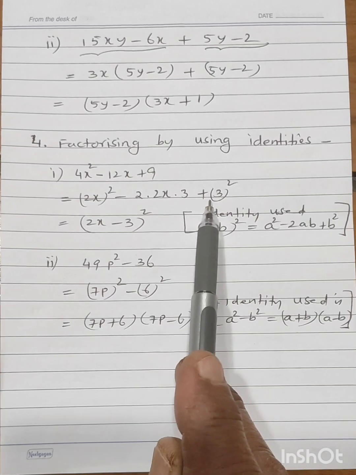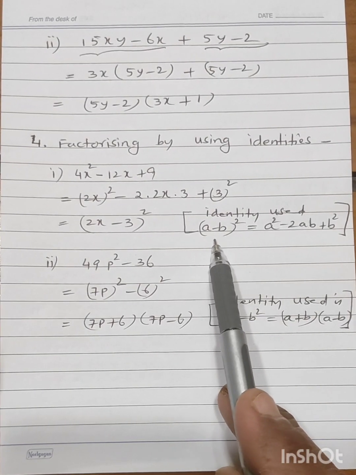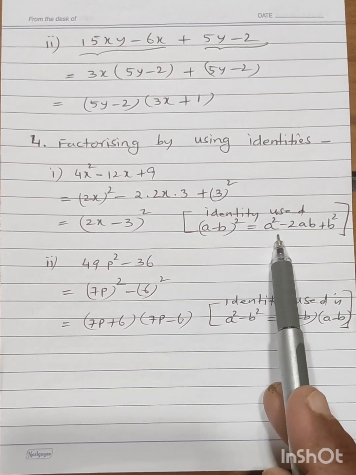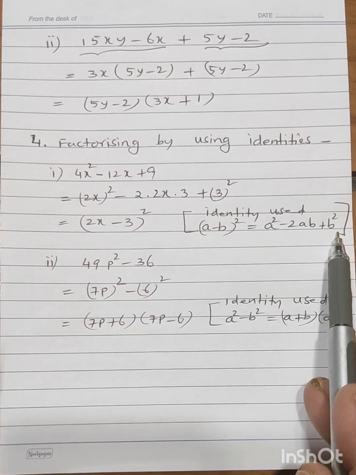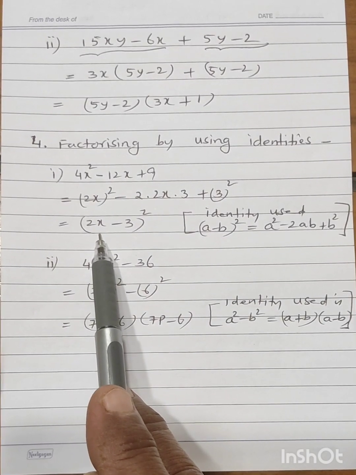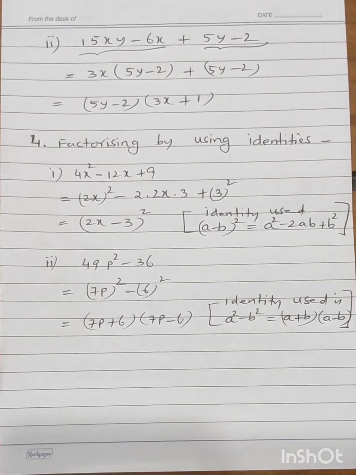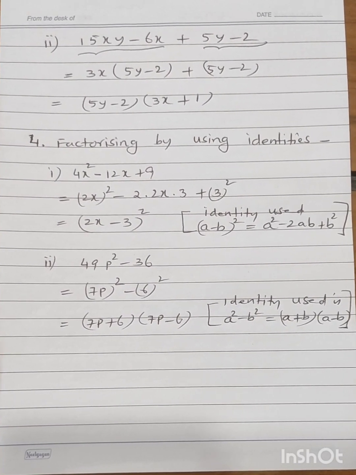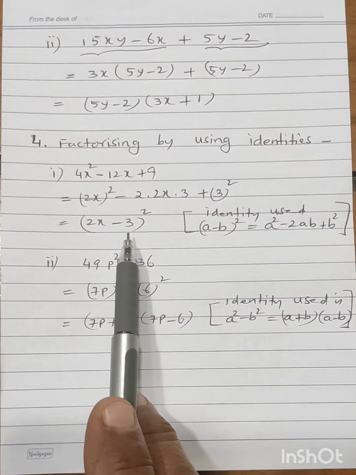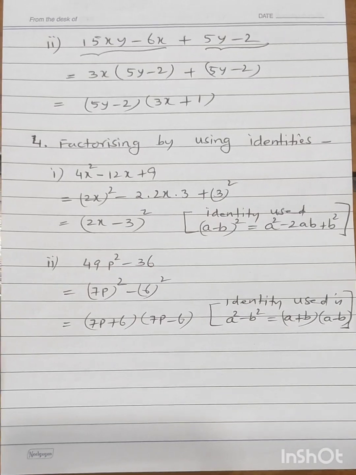Now this whole thing falls into the pattern. You can see the identity: a minus b whole square is equal to a square minus 2ab plus b square. So for these three terms we put here 2x minus 3 whole square. So this expression has two factors, 2x minus 3 and 2x minus 3.